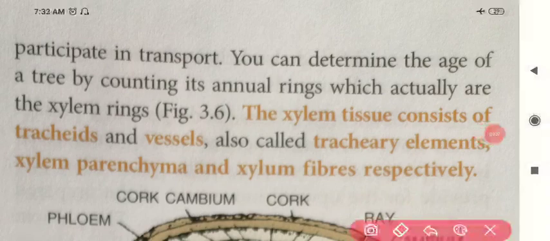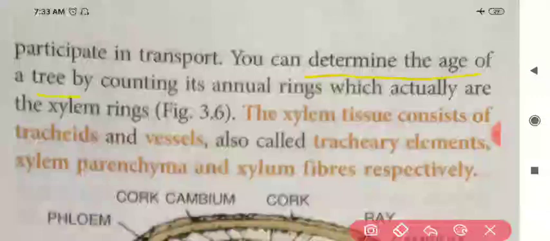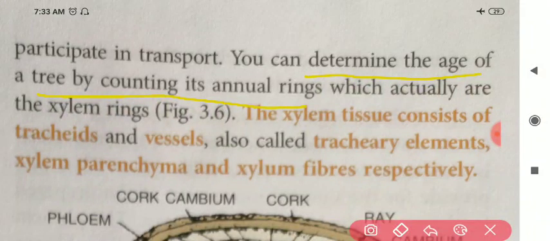Next, my dear students, we can determine the age of a tree by counting its annual rings. These annual rings are actually the xylem rings.